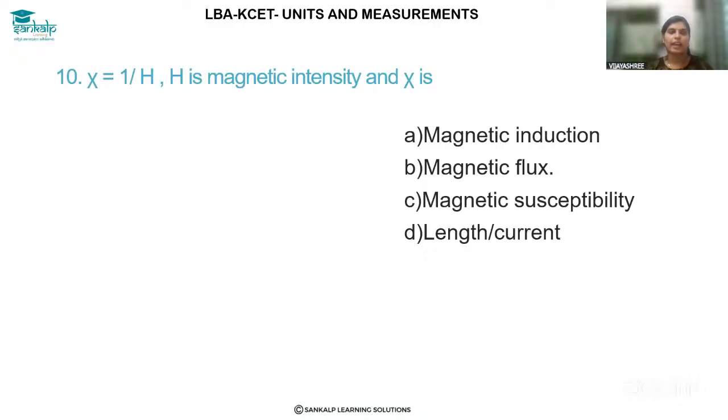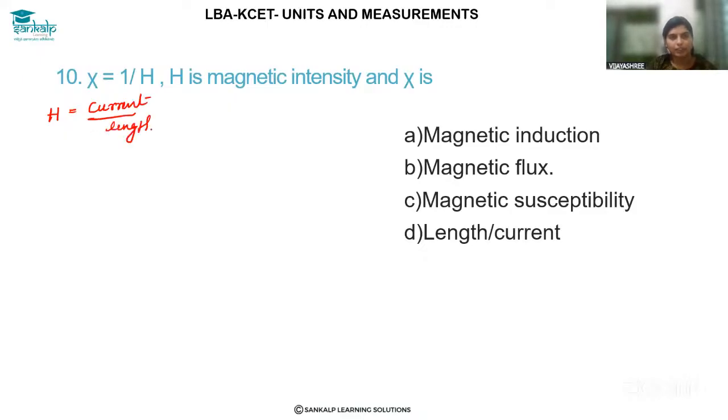So X is equal to 1 by H is given. H is magnetic intensity, also called magnetic field intensity or magnetizing field. So H is equal to what? It is given by H is equal to current divided by length.